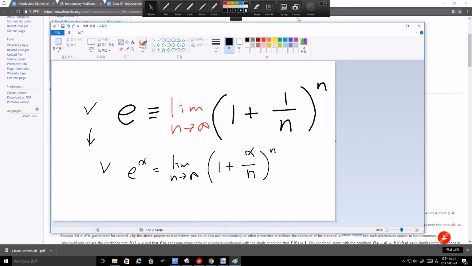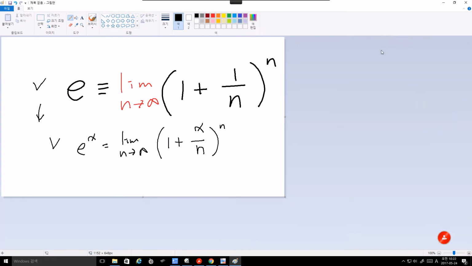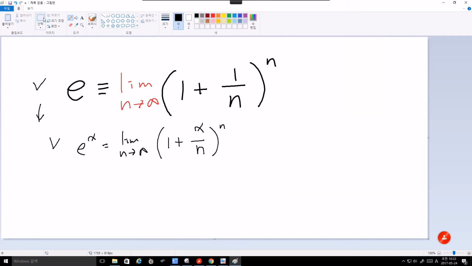We can derive this one very easily. Let me show you. First, let me move this one. So let me delete this one for the time being. So let's calculate e to the power of x.